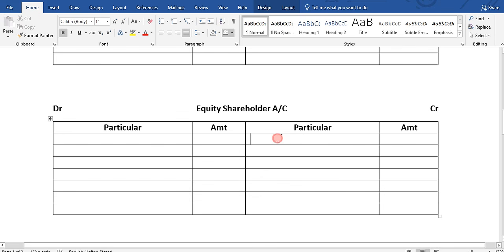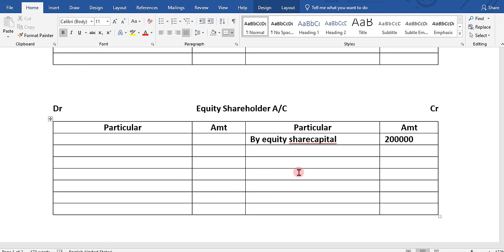So this will come in by equity share capital, 2 lakh rupees.